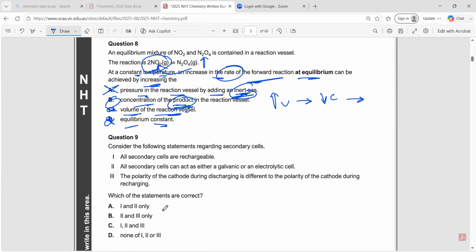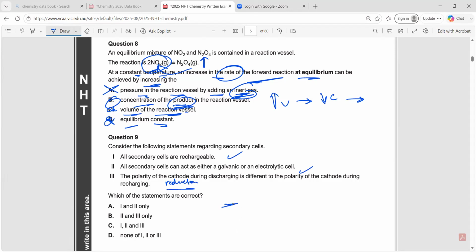All secondary cells are rechargeable. Yes. All secondary cells can act as either galvanic or electrolytic cells. Yes. The polarity of the cathode during discharging is different to the polarity of the cathode during recharging. Yeah, so obviously, reduction occurs at the cathode always.